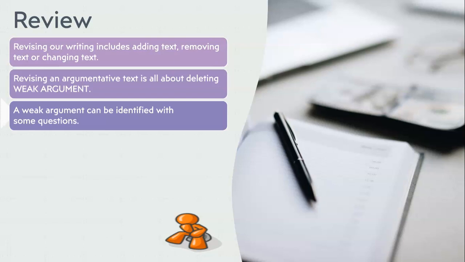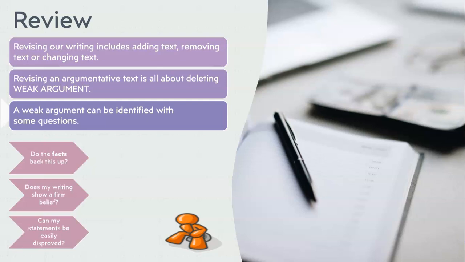A weak argument can be identified with some questions that we ask ourselves, like, do the facts back this up? Does my writing show a firm belief in the position I've chosen? And can my statements be easily disproved? Remember, if we answer no, no, and yes, what we're reading and what we've written is a weak argument. And we want to avoid that.